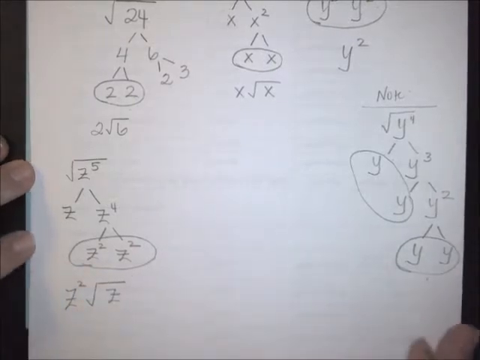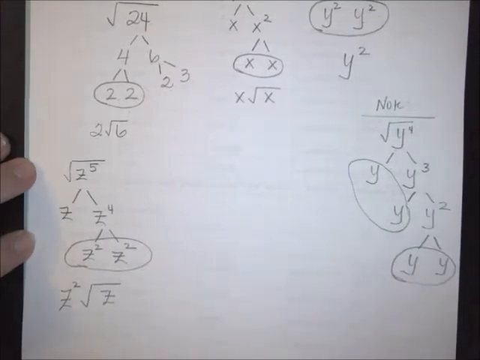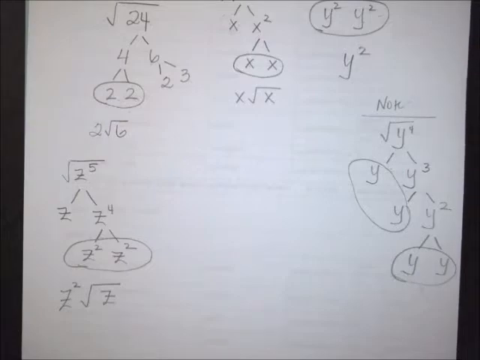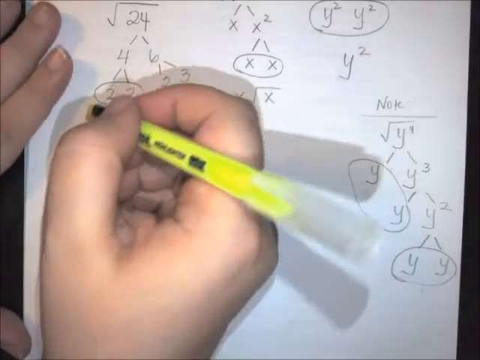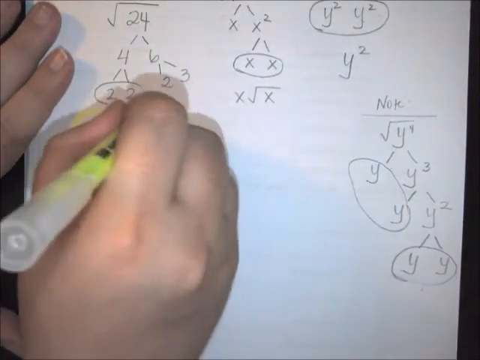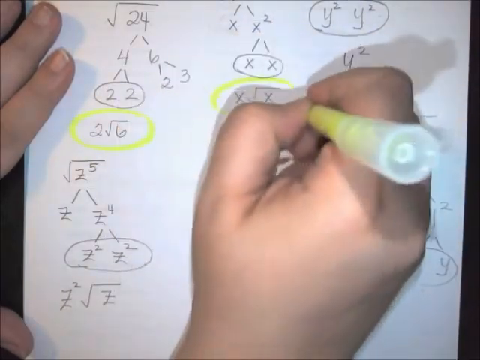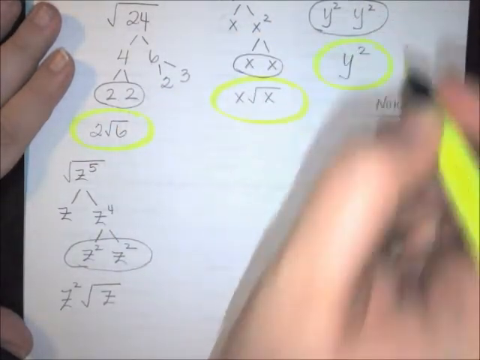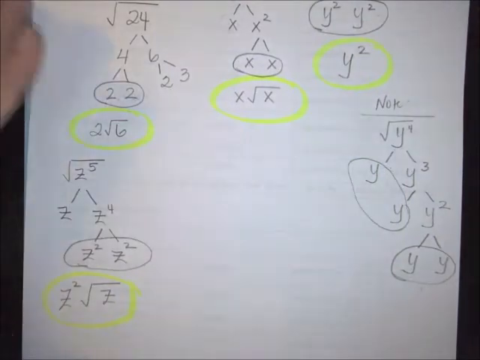So what do we do with all of this? Well, we have to essentially put it all together. So we had 2 square roots of 6, x square root of x, y squared, and z squared square root of z. So the rule that we use is generally this.